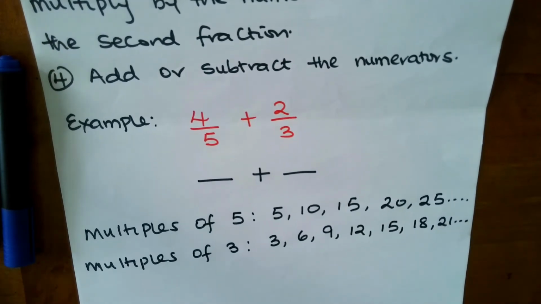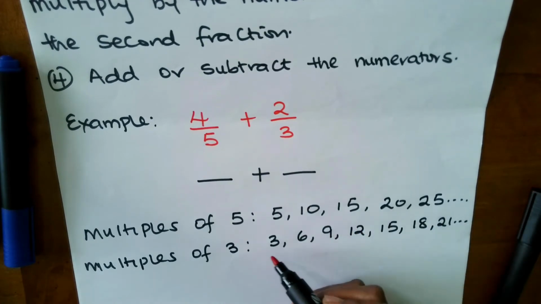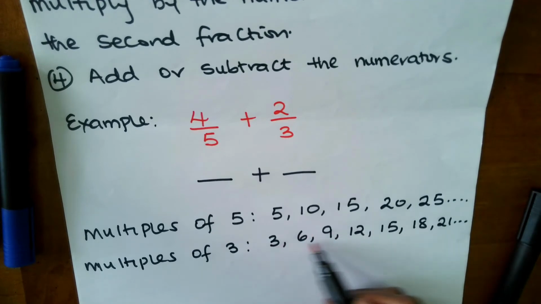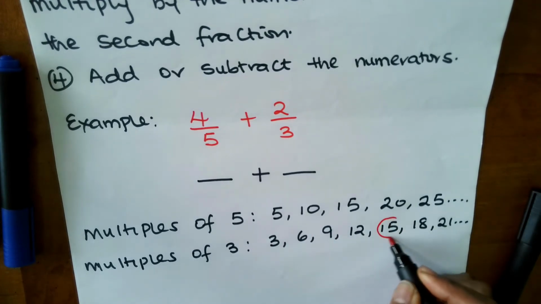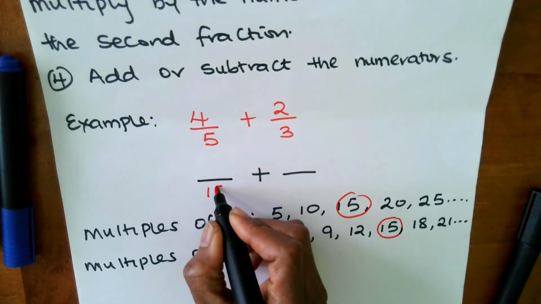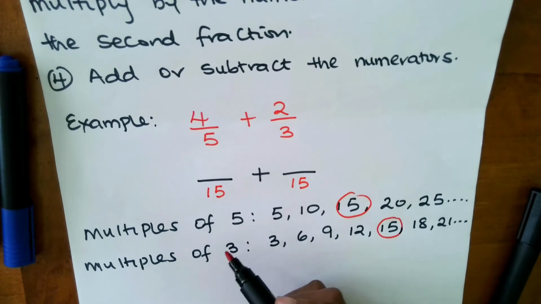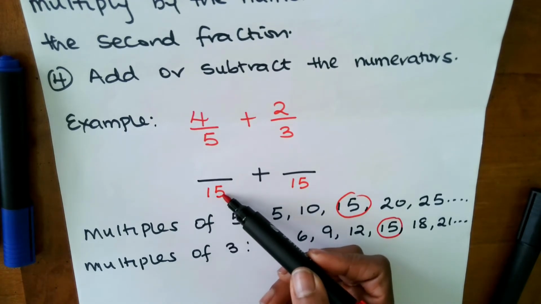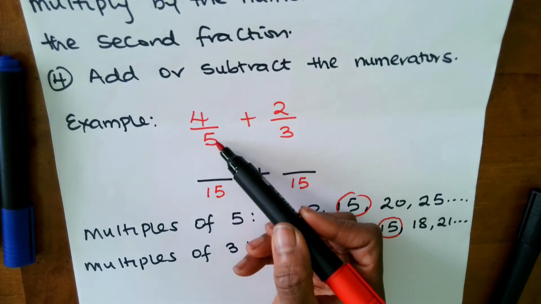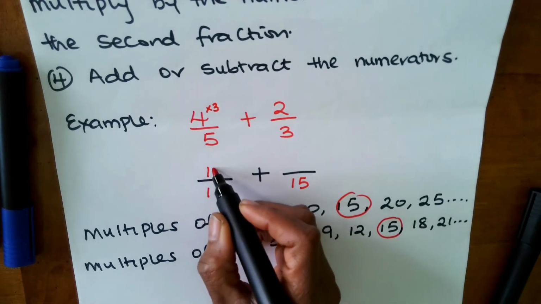Now we've got all the multiples of the denominators. So what we do next is to circle the lowest common multiple. And the lowest common multiple here is 15. So we've got this 15 here. So what we do, divide this 15 by 5 to give us 3, and then we multiply 3 by 4 to give us 12.